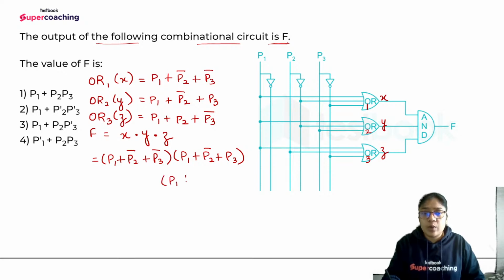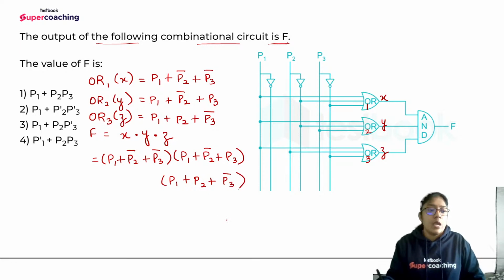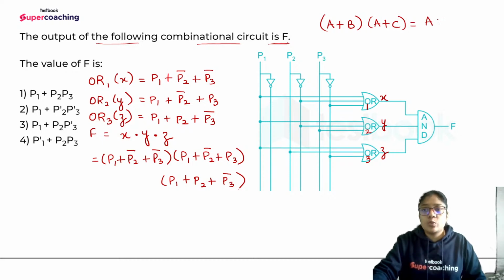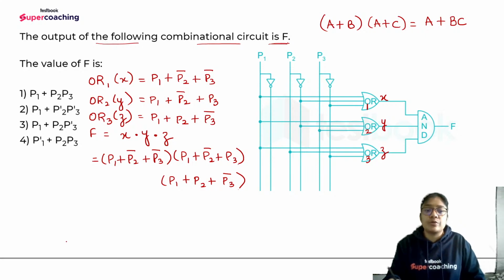So this is P1 plus P2 plus P3 complement. Now I'll be using the rules of Boolean algebra. So we know that if we are given A plus B and A plus C, this is equal to A plus BC. अगर आपको A plus BC दिया हुआ है तो आप distribute कर सकते हो. You can apply the distributive law.